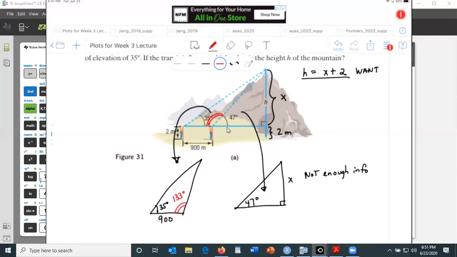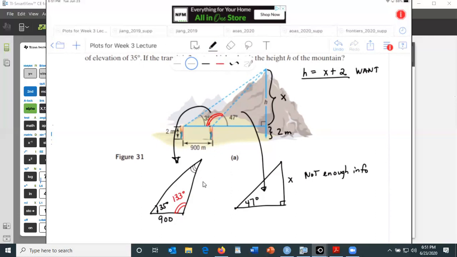And now that we have those 2 angles, we can also find the 3rd angle at the top, because we're going to need it. The reason we need it is that the side of 900 is opposite that angle. Remember, with the law of sines, you need a side and its opposite angle.